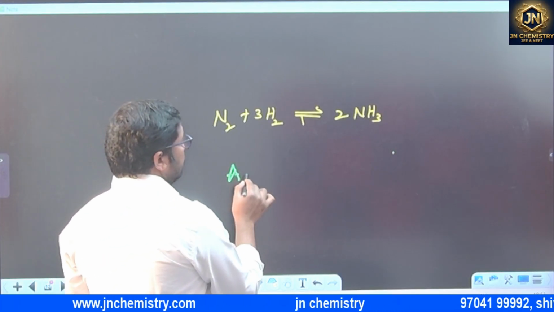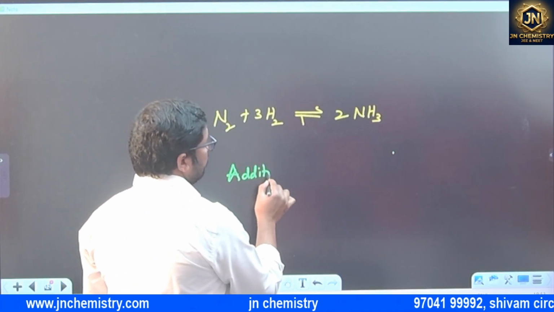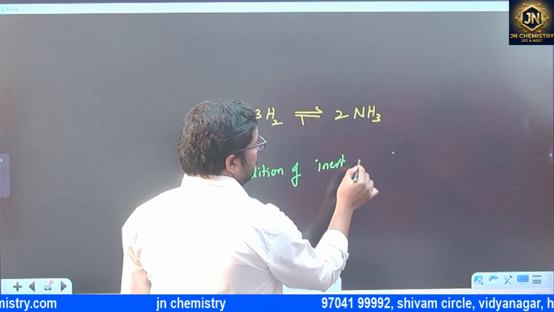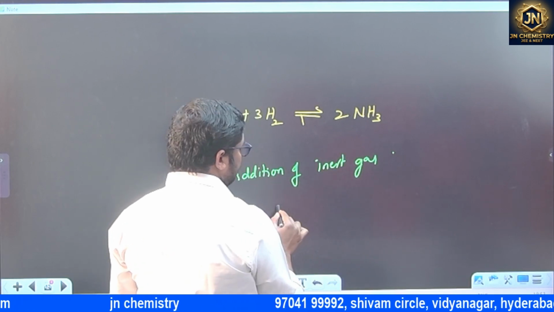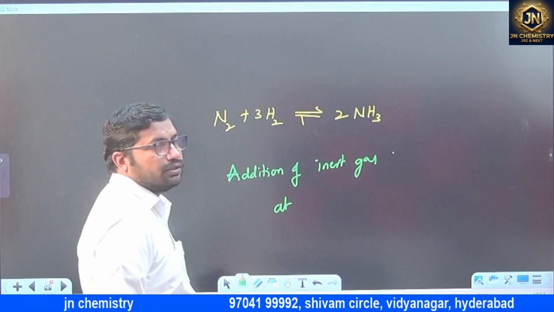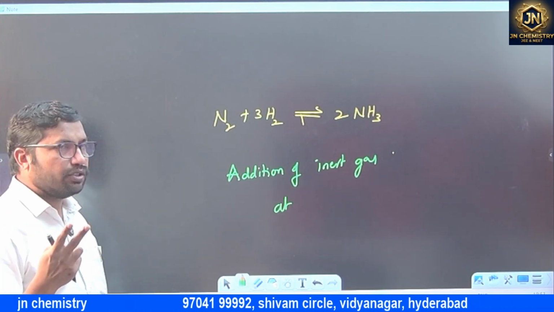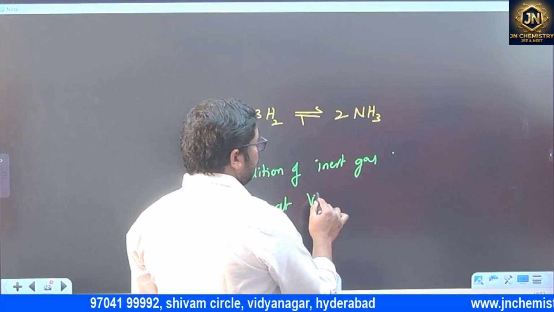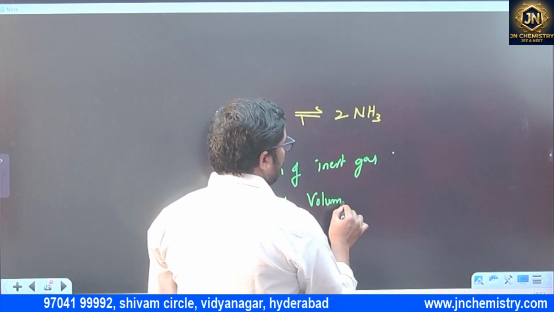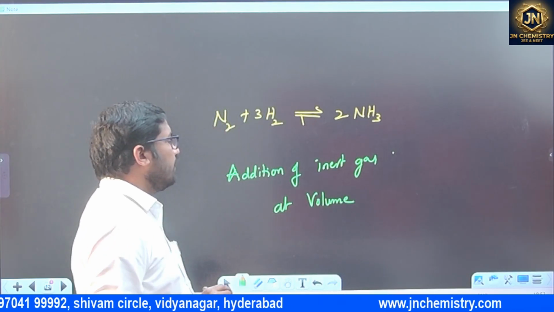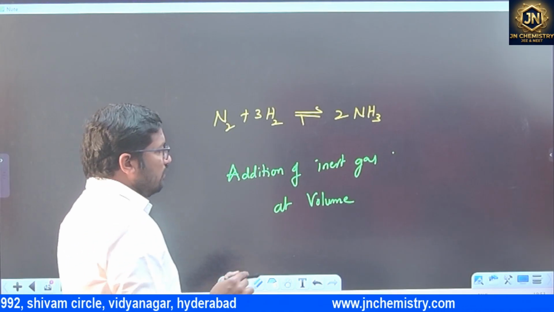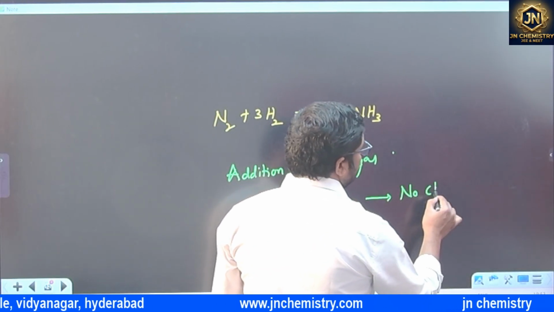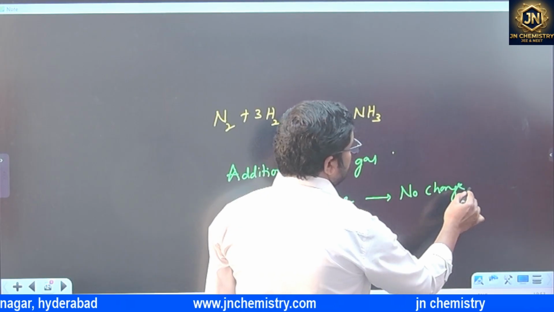In this case, for addition of inert gas, we'll see two conditions: at constant volume and at constant pressure. Addition of inert gas at constant volume, no change.